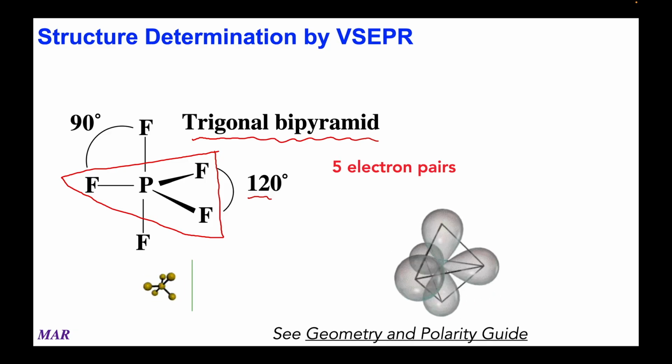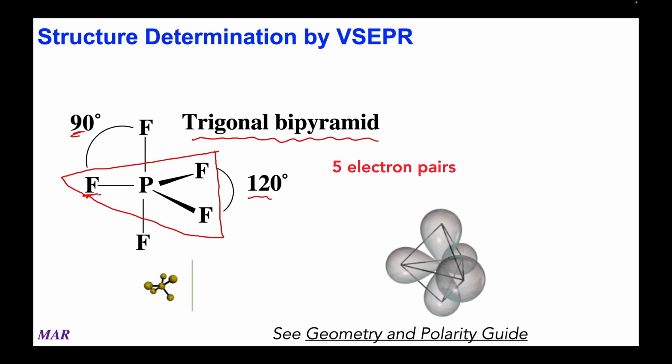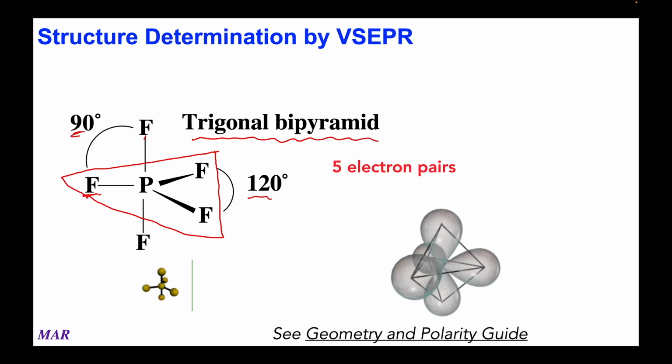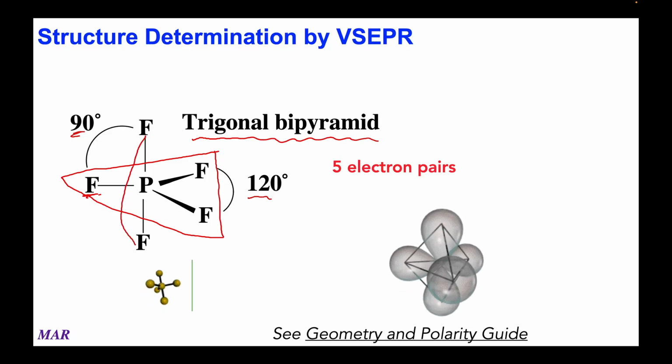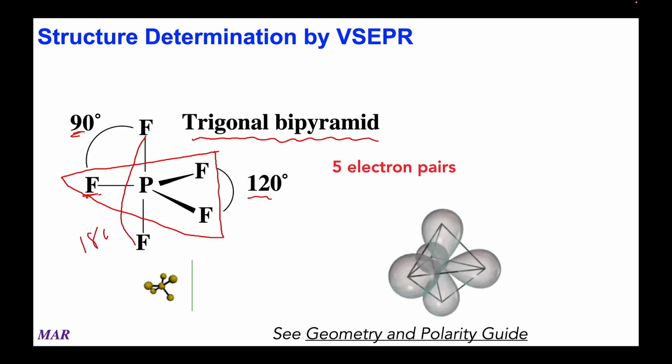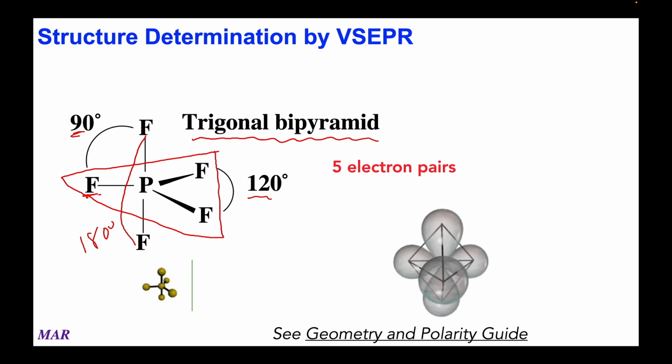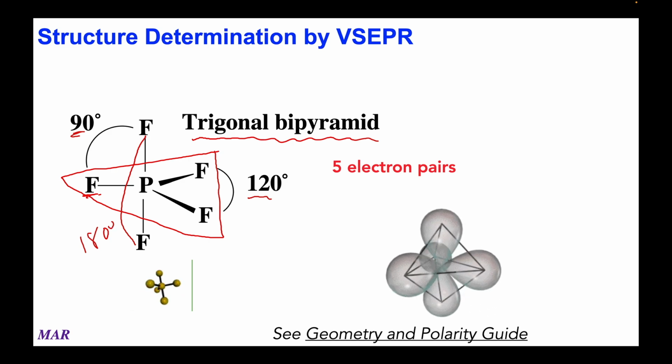And if you compare the top or the bottom fluorines to one of the planar ones, those are 90 degrees. But in reality, there's a third angle too, because the F angle that goes right up and down the middle, that's 180 degrees. So these are kind of wild. All right, you've got 3 angles to think about, 90 degrees, 120, and 180, and that'll be important for some stuff we're going to talk about here in a little bit.